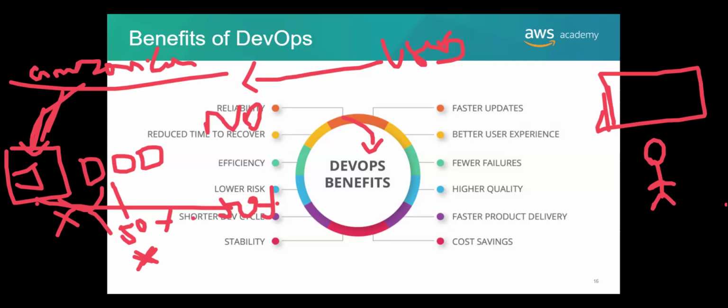How many security guards are there? Five max. Okay, minimum how many should be there? Two. Why two?